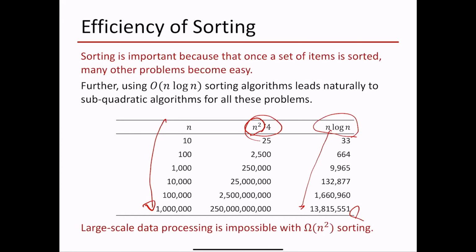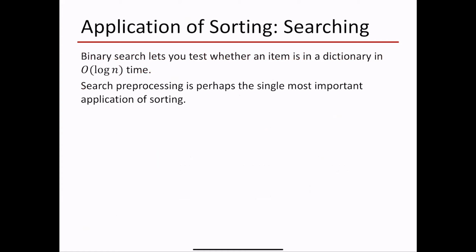The application of sorting, the most common one, is searching. So binary search tree, we understand what a binary search tree is, right? We keep halving it, so there are fewer items. So what's the issue with the binary search tree? Why is the BST difficult to maintain?